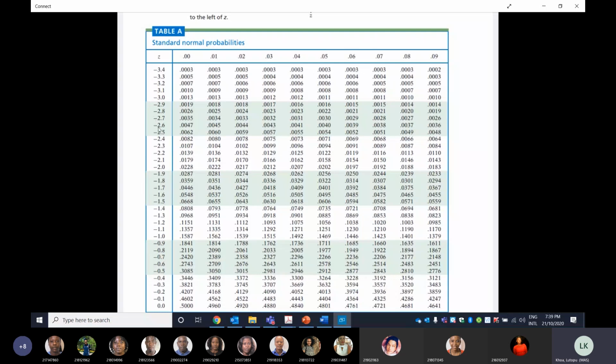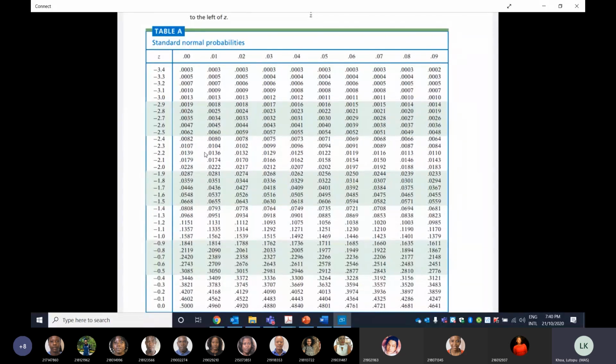Yes, ma'am. Okay, so this column here gives you the Z values. We're looking for 1.89. So on the Z score, you will look for negative 1.8. The reason I'm looking for negative 1.89 on the table is because that is the only value that this table gives us.